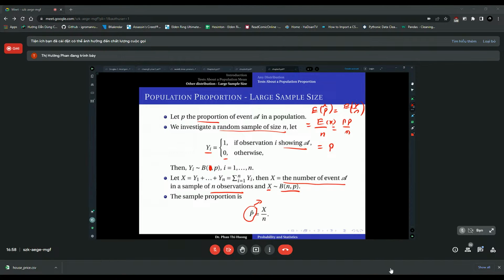Okay. Similarly, the variance of p hat equals the variance of S over n squared. Remember that 1 over n is a constant, so I take it outside as 1 over n squared, times the variance of the binomial random variable, which is np(1 minus p).